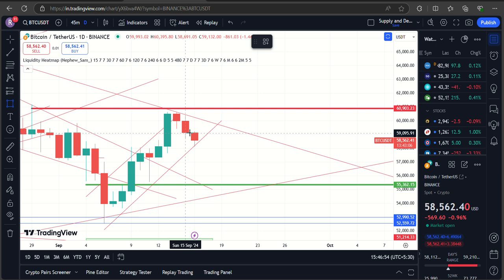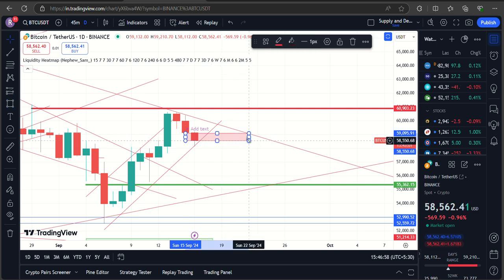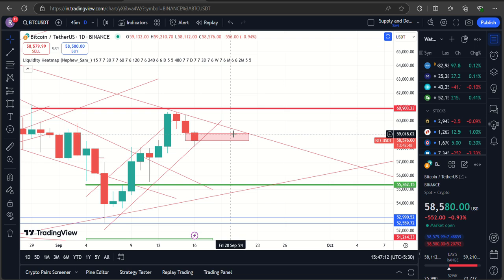I would hope so, because this area would still be in a ranging mode, around 59,000 to 58,500 to, let's say, around 58,000. So that would be the likely range, and maybe it would push around a little bit one more time and then dump again.